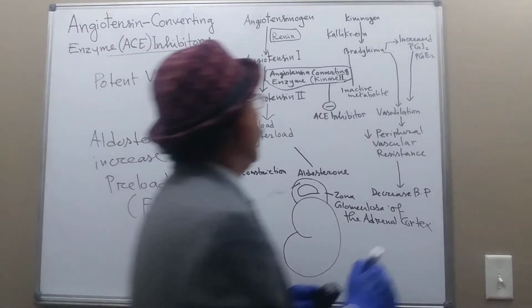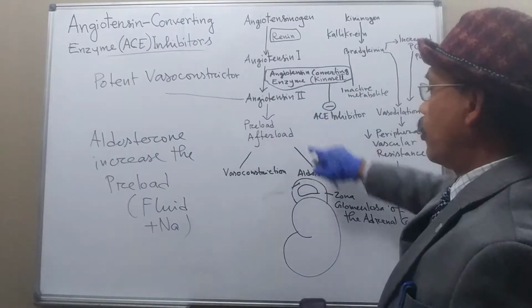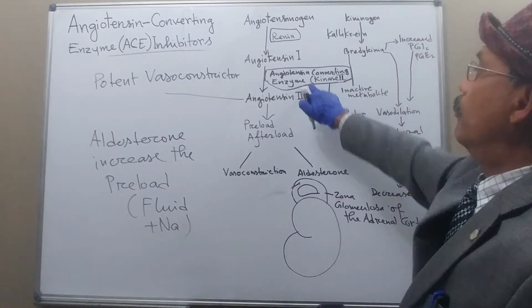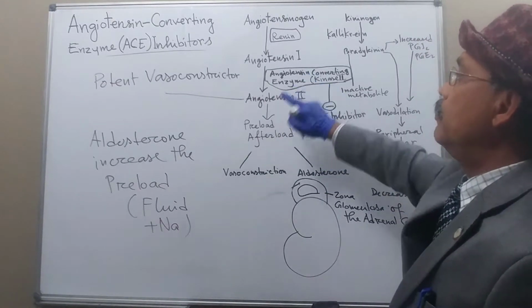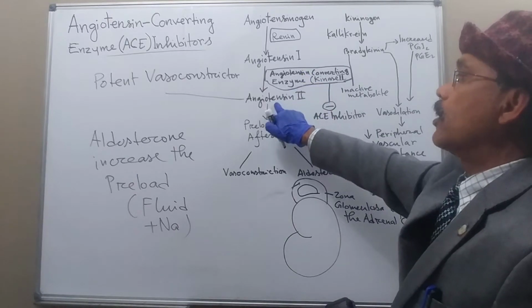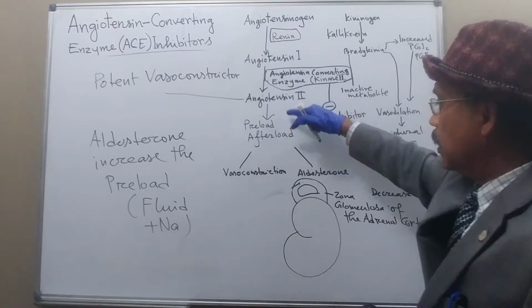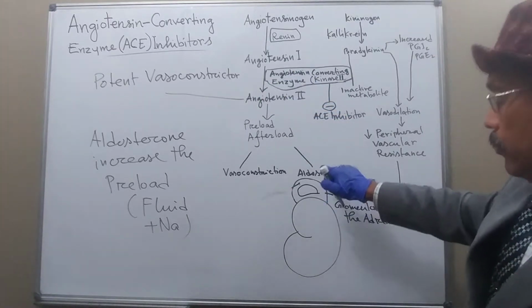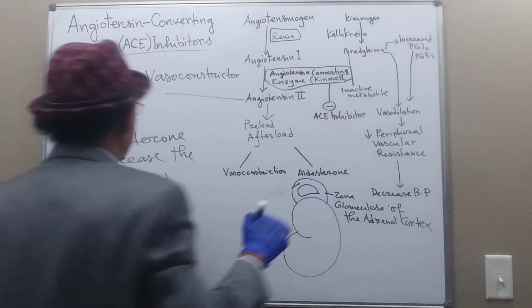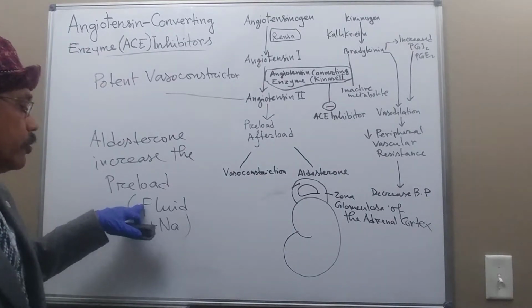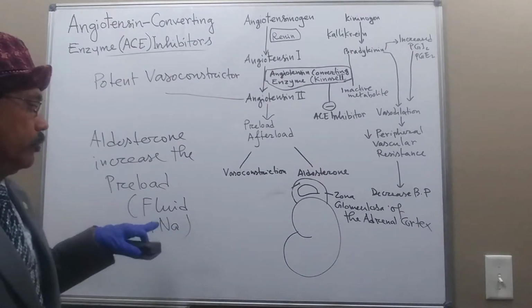So if we block this enzyme, we block the production of angiotensin 2. If you cut it here, then there will be no aldosterone secretion, so no fluid retention and no sodium retention.